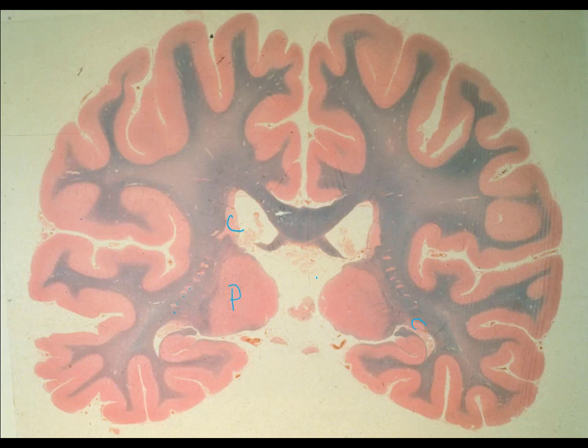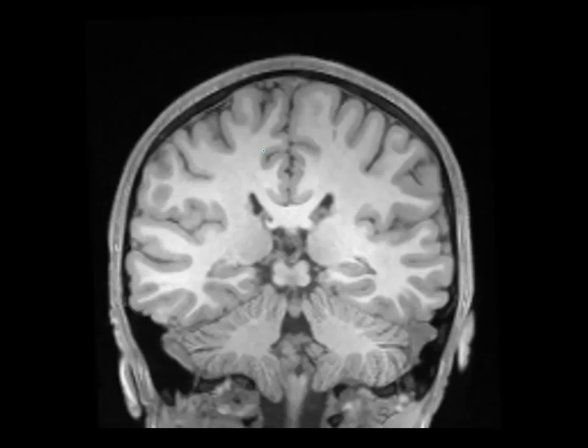I'm not quite sure what's happening, but right over here, we've got the tail of the caudate. Okay? So we've got caudate, caudate. I just want to make it clear that this is pulvinar, not putamen, with my P's. Okay? What's this? Corpus callosum. Yep.